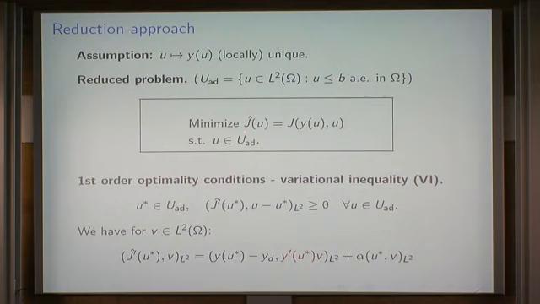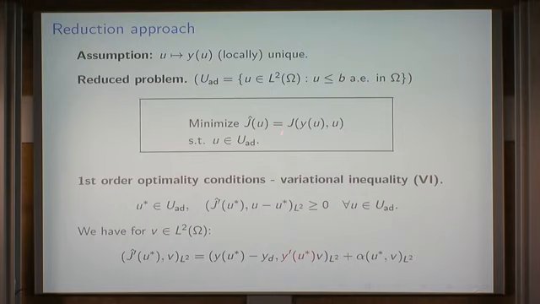In control, this is interesting also in situations where, for instance, the control only acts on the boundary, because in a sense you're somewhat reducing the size of the optimization problem, although we should not forget that the solution of the PDE still sits in here. But at least this reduction step allows me to look at this problem as minimizing an objective, which I now call J hat, subject to a constraint which is usable, which I assume to be in this simple one, but in general let's assume it's non-convex and closed.